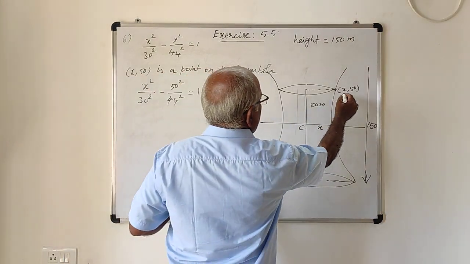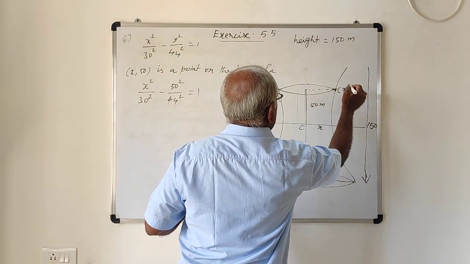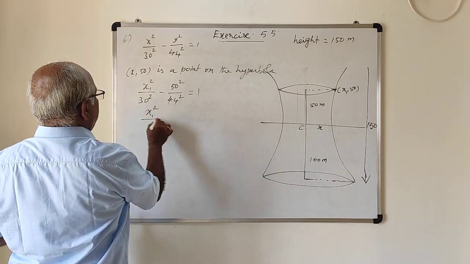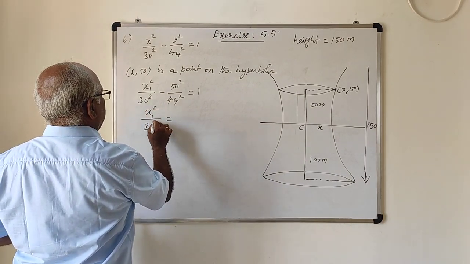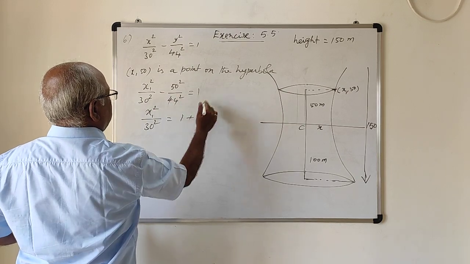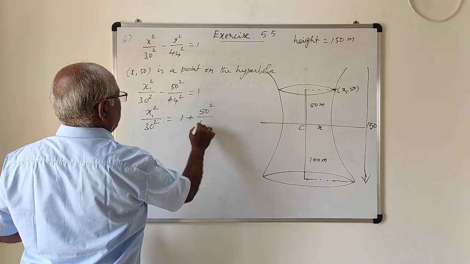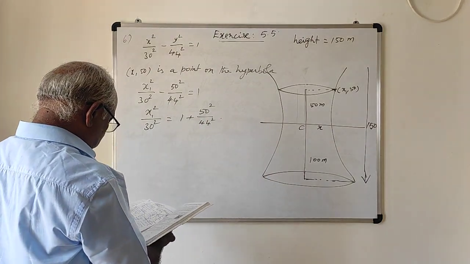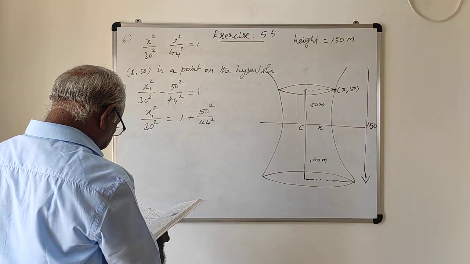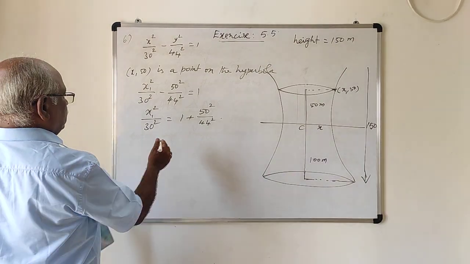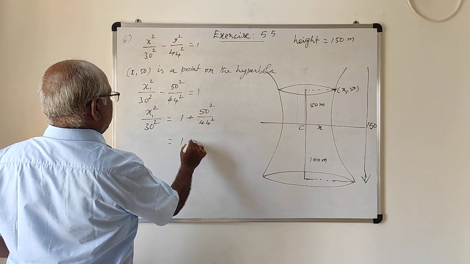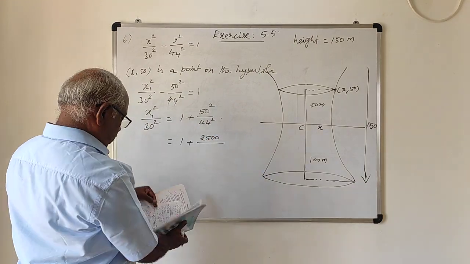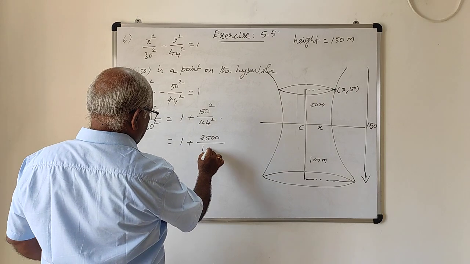For convenience, write it as x1 square. So x1 square by 30 square equal to 1 plus 50 square by 44 square. 50 square is 2500, and 44 square is 1936.